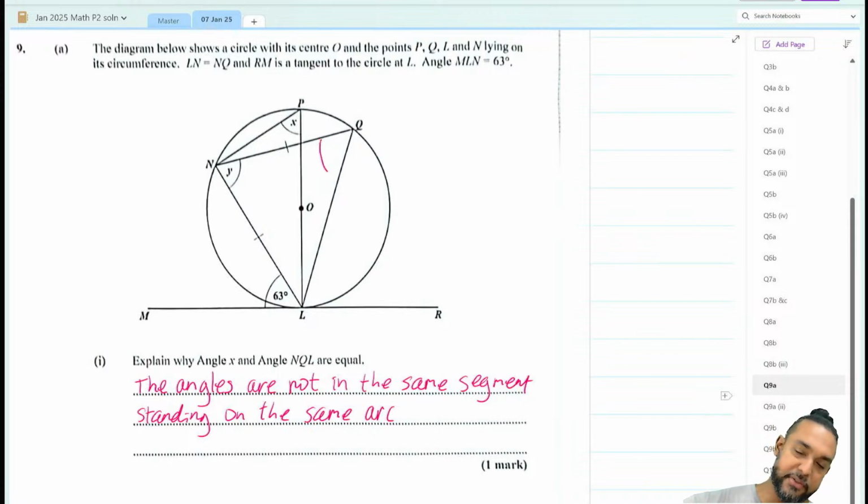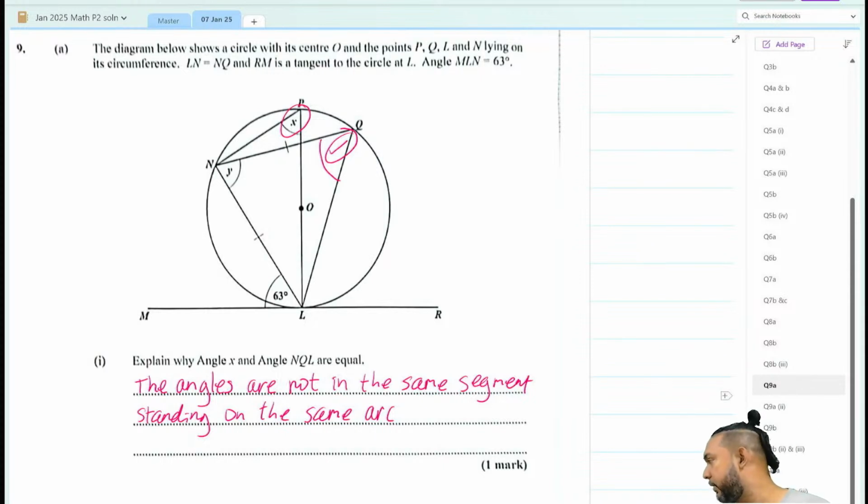So that would be 63 degrees here. They are equal since they are subtended by the same chord. Well, X and Y are not, but X and Q are equal because they are subtended by the same chord. So that is correct, Fee, if that's what you meant. So good job with that.